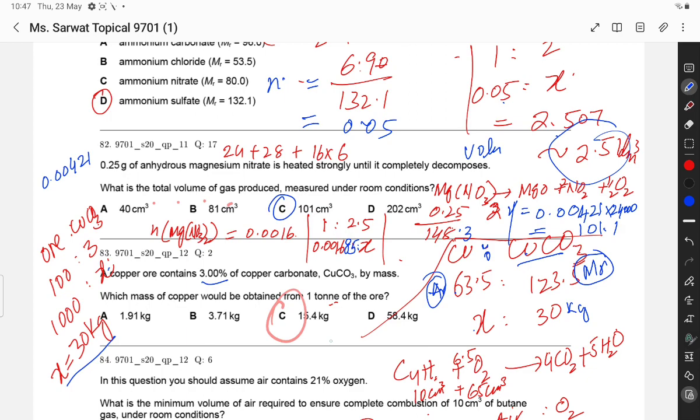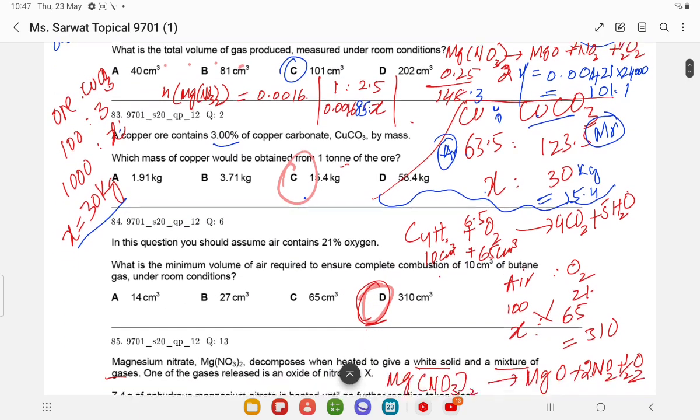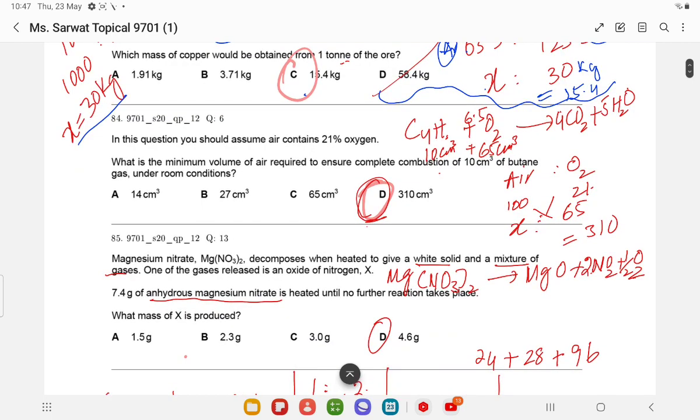So this is equal to 15.4. So that is the answer for this question. Next question is, in this question you should assume air contains 21% oxygen.